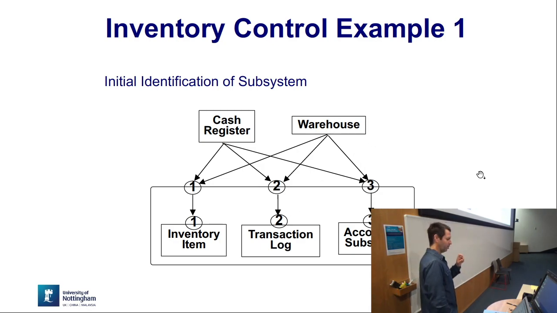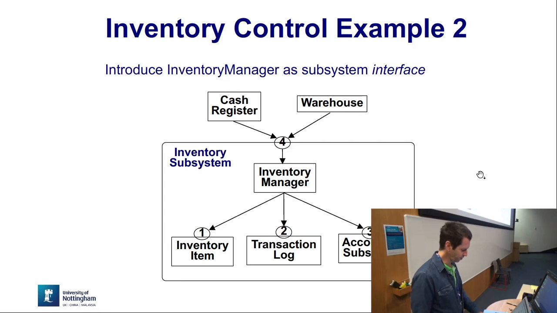But we could introduce the inventory subsystem. So instead of the cash register collaborating with the inventory item and the transaction log and the accounting subsystem, we introduce a subsystem called inventory manager, and then the cash register and warehouse interact or pass messages, let's say, to just that subsystem, right? And that's what it looks like.